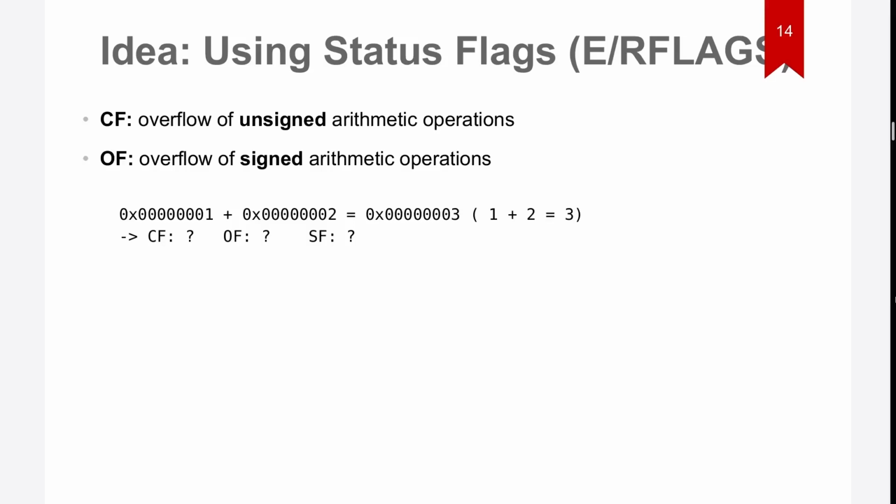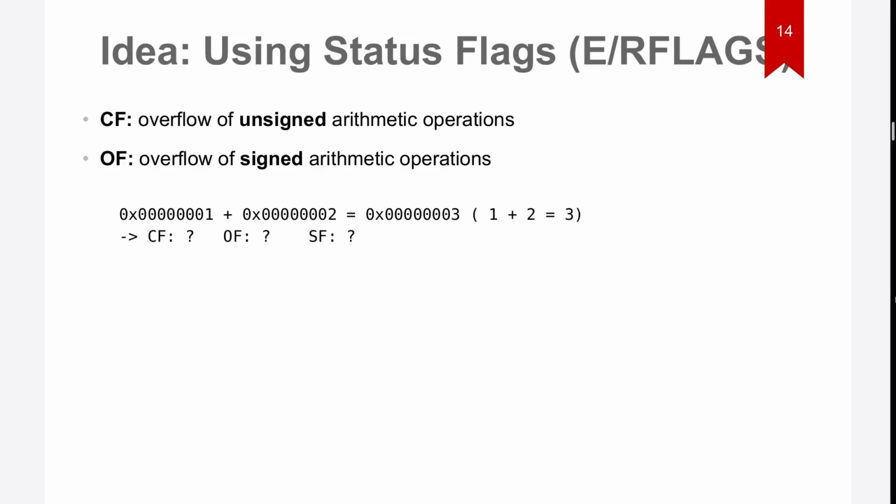Therefore, we have two different bits in the flags register that distinguish between these two cases: the carry flag and the overflow flag. The overflow flag simply keeps track of signed overflows, and the carry flag of unsigned overflow.